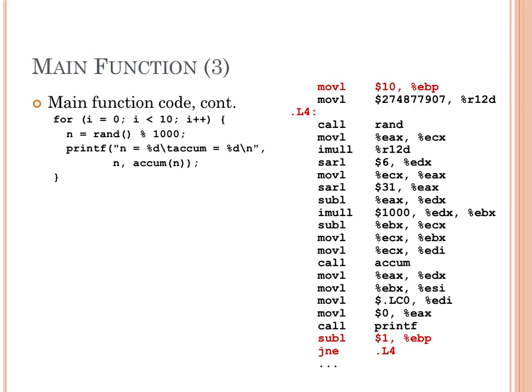But you can see the highlighted code here. Move 10 into EBP, and then at the bottom we subtract 1 from EBP, and then we jump if not equal, or jump if not 0, back to the start. So EBP is our loop variable. L4 is the address of the start of our loop.